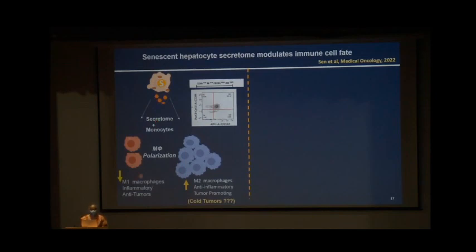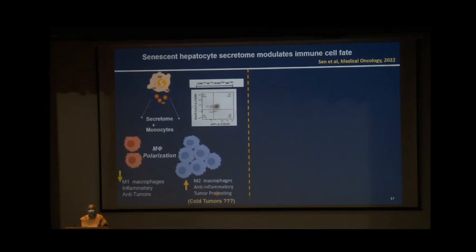To cut the story short, the moment the senescent secretome is put with the monocytes, we get high CD163 and CD206 cells, indicating that these are actually M2. This work was done together with Dr. Nirupama, and what we reported is that these M2 macrophages are anti-inflammatory, and they are also tumor promoting.